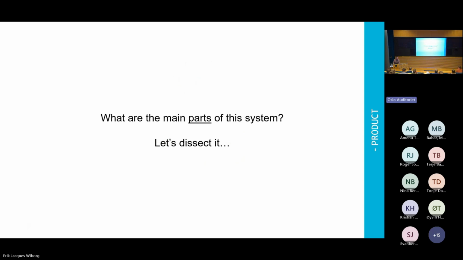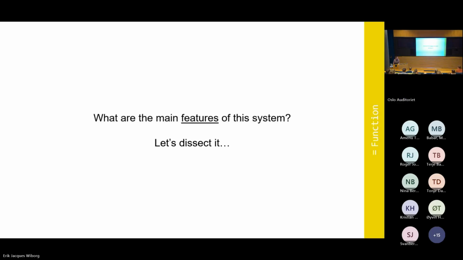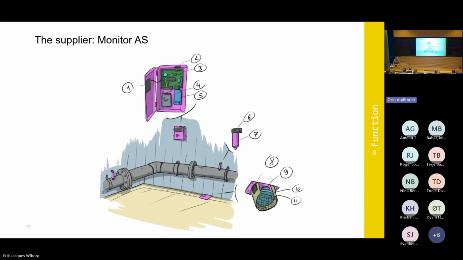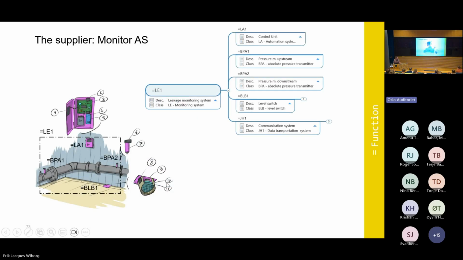So that was the different parts. Now, for the functional aspect, let's look at the features. We still have the same system. We have kind of a controlling function. We have these 3 sensors, but here we go into the details, and here we have a little bit of a designer's choice.